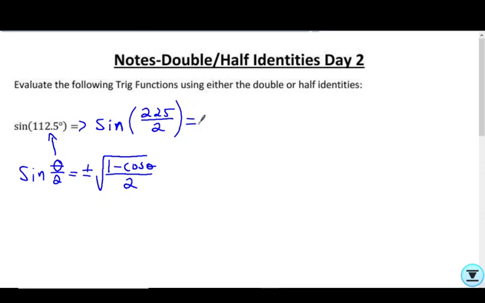So using this, that means this right here is my theta. And then using this equation here to find the value of it.